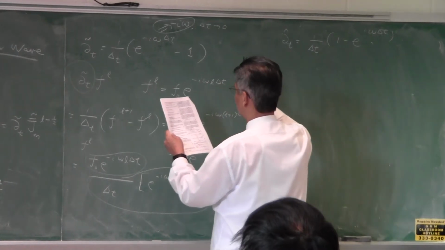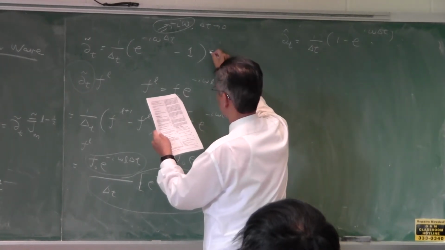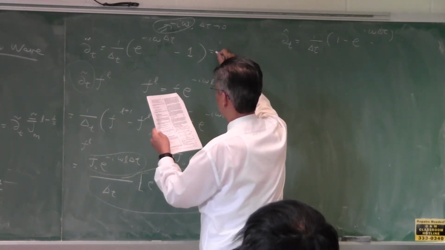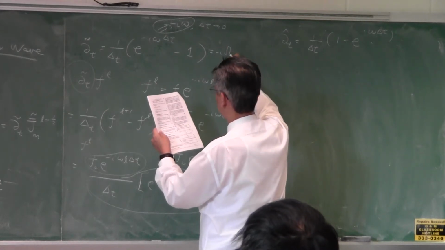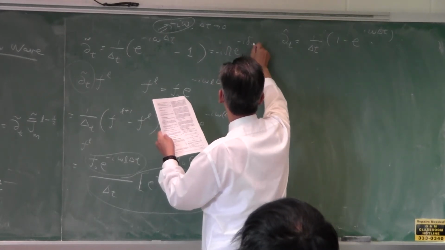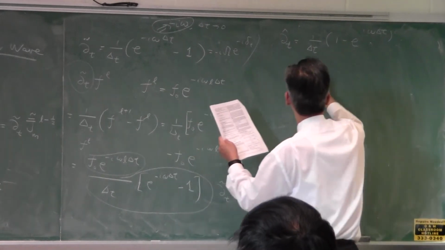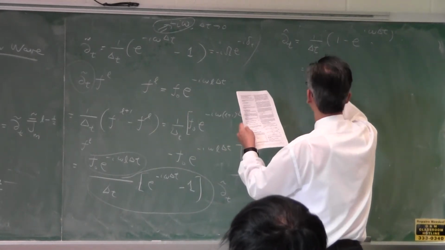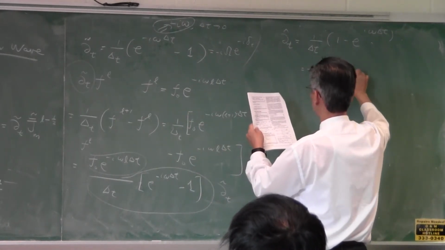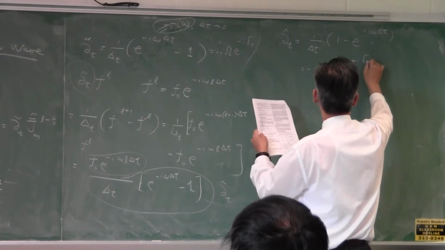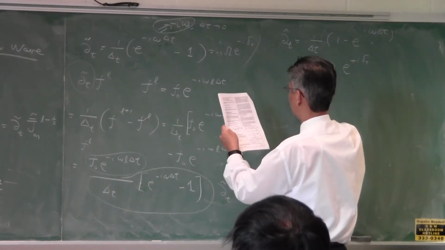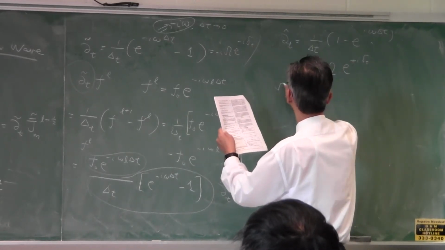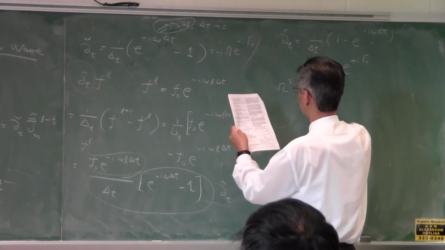So this can be written as minus I omega e to the minus I delta t, according to what I have in my paper. This can be written as I omega e to the plus I delta t, where omega squared is a sinc function.